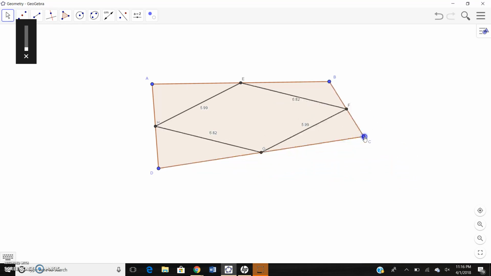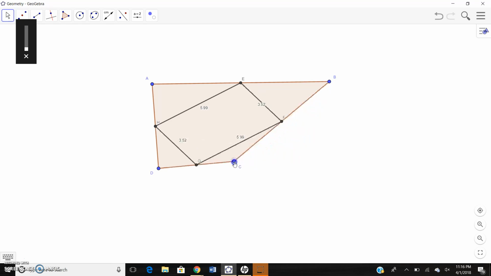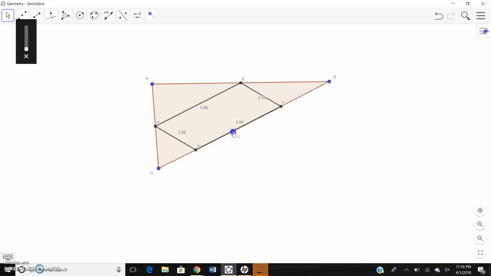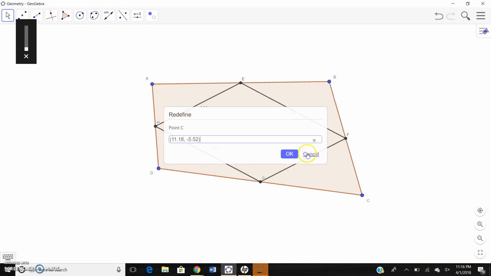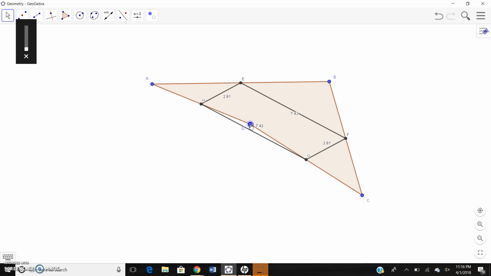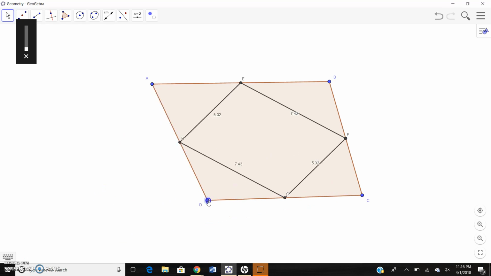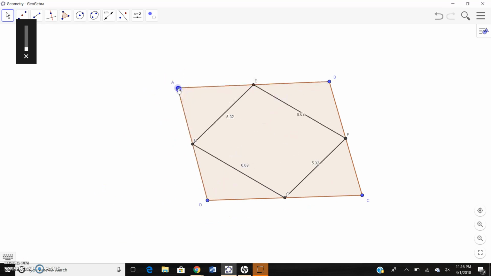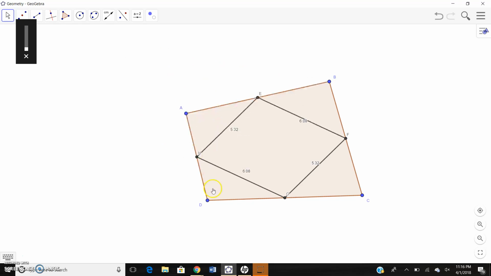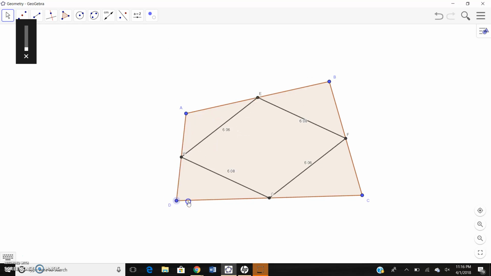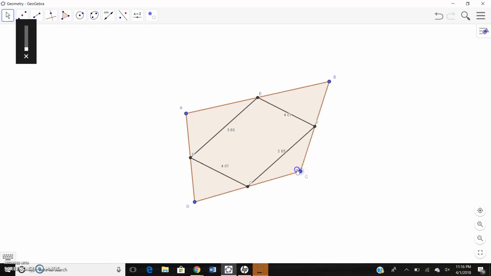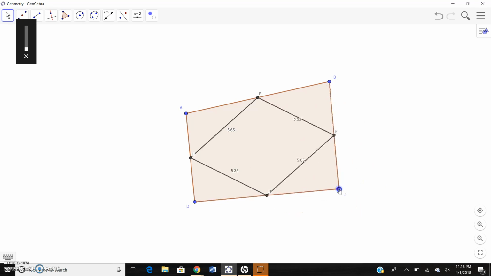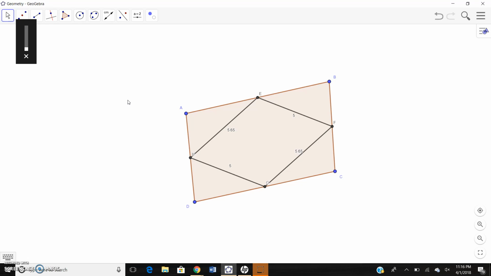Oh, they're changing measurements now, but still congruent. Still congruent. So no matter what I do to points A, B, C, and D, EF and GH are always congruent. And as I've noticed, EH and FG are always congruent as well by moving these points around and noticing that as well.